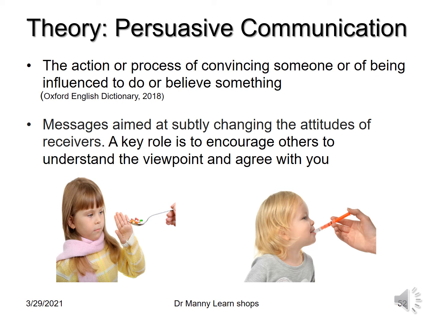And these are messages that are aimed at subtly, gently, changing the attitudes of the receivers. The key role of persuasive communication is to encourage others to understand the viewpoint and agree with you.